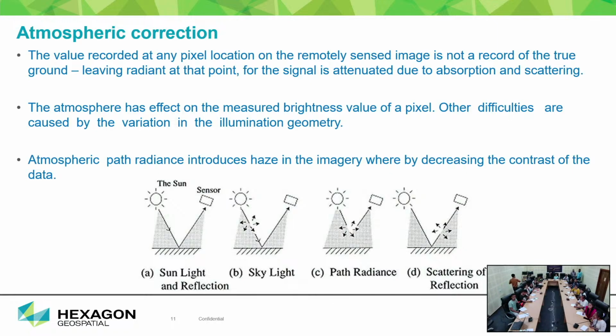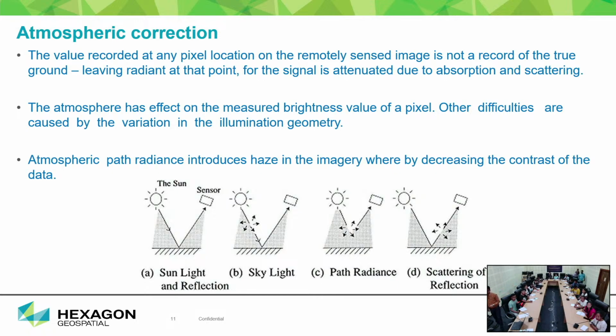Some are interacted with by the particles and gases. So the sensor does not get 100% reflectance value. The sensor always gets some 40 to 60% reflectance value from the ground features. So during remote sensing data processing, we have to correct this type of data.